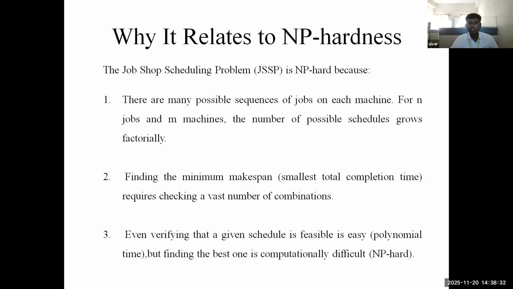Three jobs, three machines easily. Four jobs and four machines you can solve very easily. Suppose, for example, 100 machines, 1,000 machines, 2,000 machines, like that it becomes somewhat hard. So you can say that job shop scheduling is also an NP-hard problem. Okay, thank you.